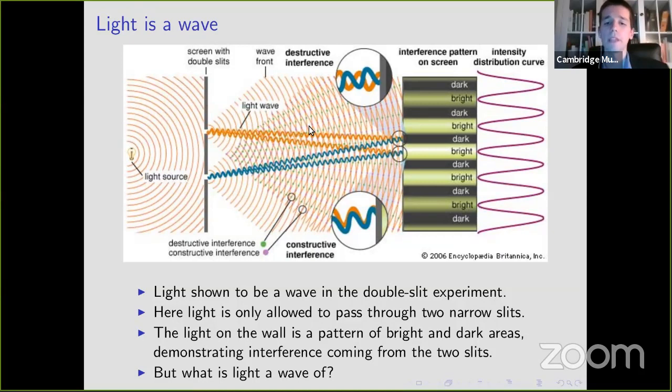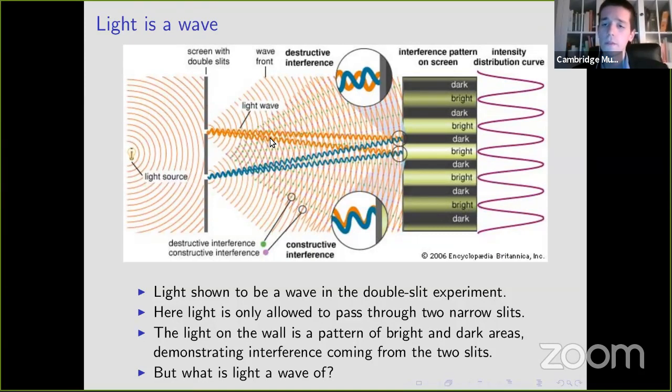The light on the wall is seen to be a pattern of bright and dark areas, demonstrating interference between the two waves that came from the two different slits. And so one sees an interference pattern on the wall, demonstrating that light is a wave.